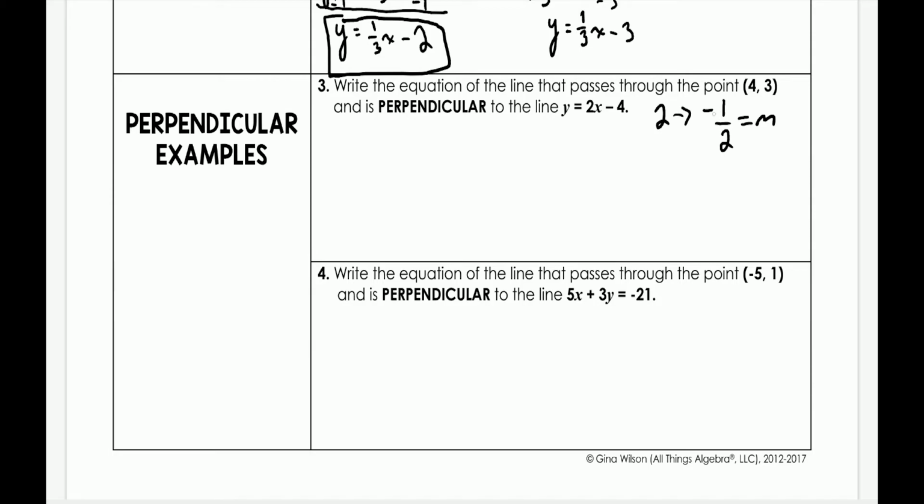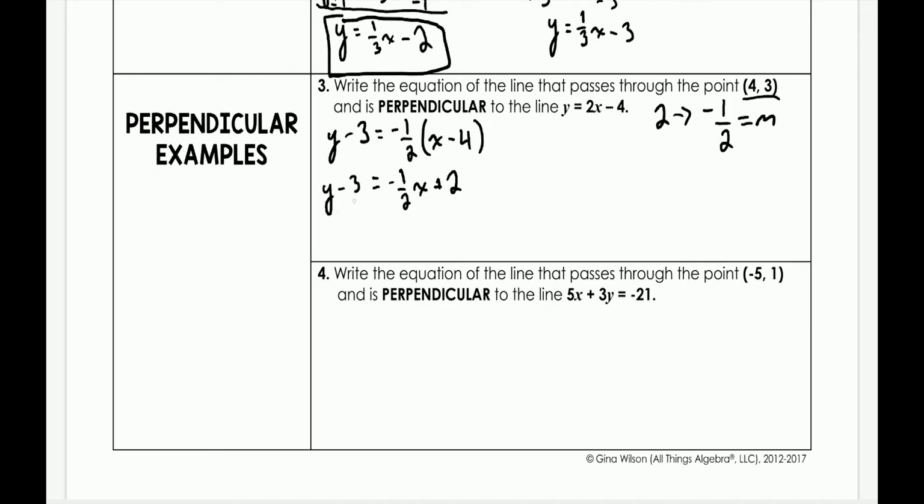Again, we have the slope and we have a point. So we're going to use point-slope form again. For this one, it's going to be y minus 3 is equal to, our slope is negative 1/2, times x minus x1, which is 4. Distribute the negative 1/2. Negative 1/2 multiplied by negative 4 is going to be a positive 2.